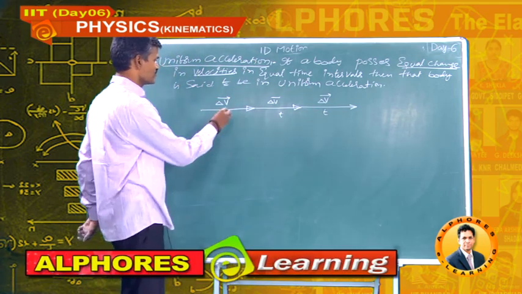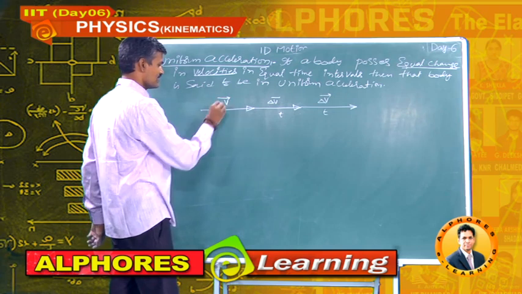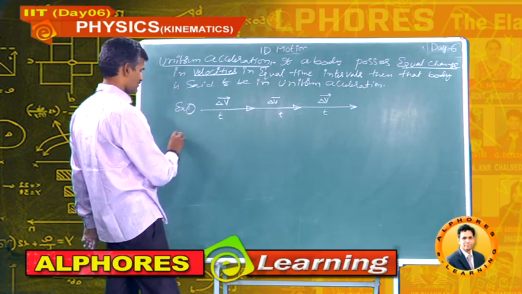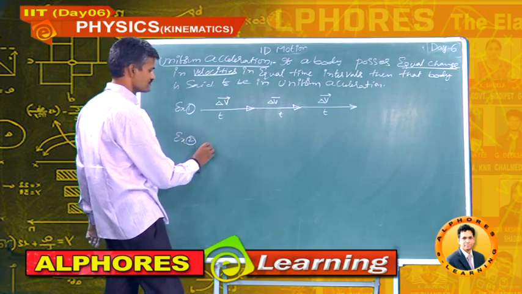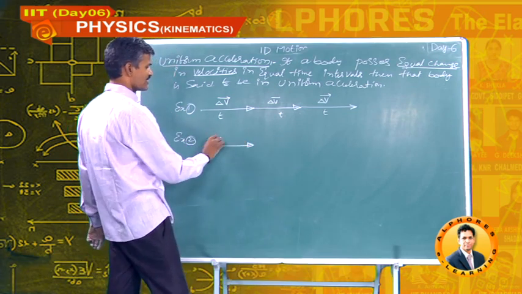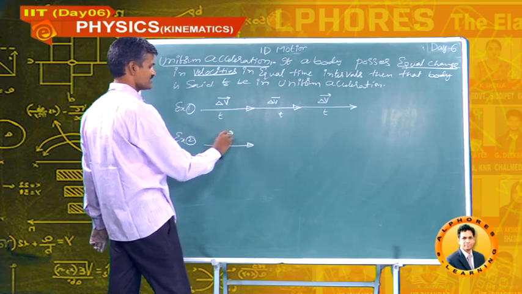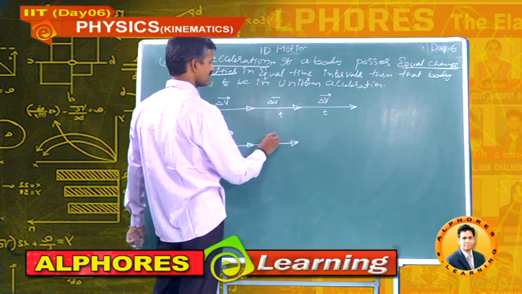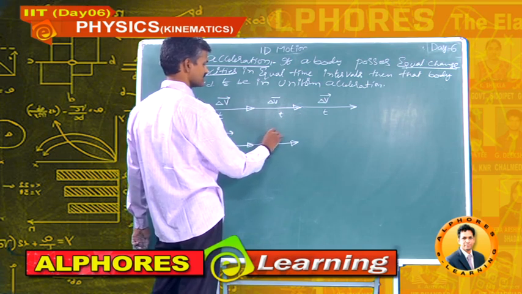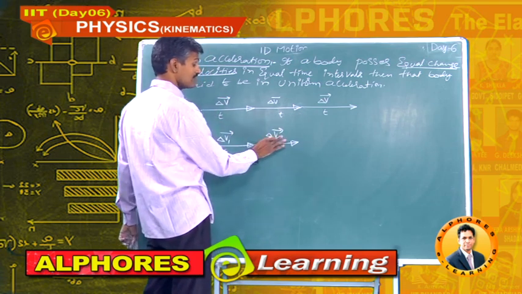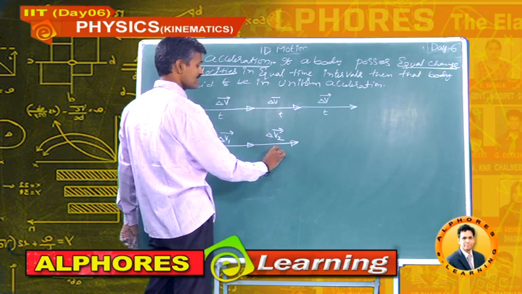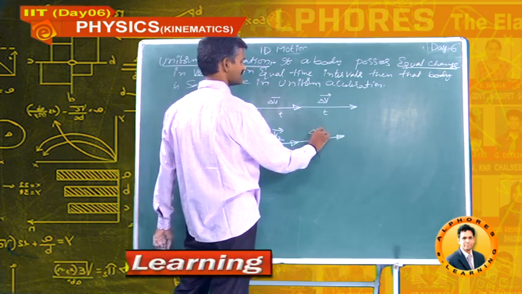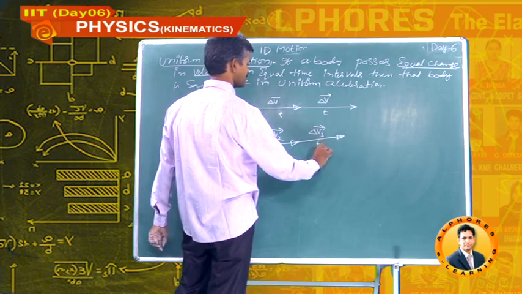In such cases, suppose this is some example. Suppose this body has delta v1 bar change in velocity in t1 time, delta v2 bar change in velocity in t2 time, and delta v3 bar change in velocity in t3 time.